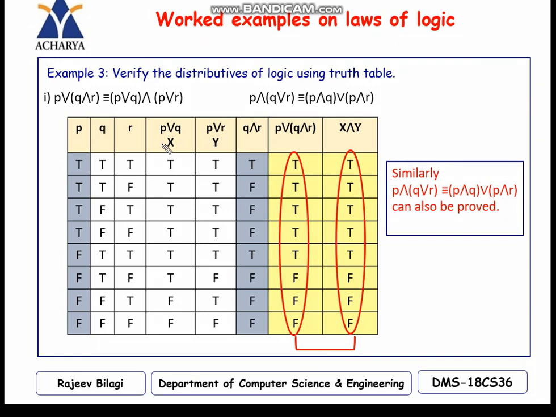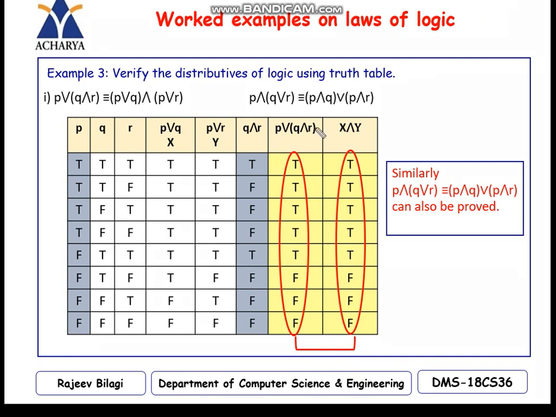Now I need to find out Q and R. The AND operator is true only when both are true, otherwise it is false. So this is T, this is T, and all other values are F. Okay. Now I have identified these values. Now what I need to find out is P or (Q and R).